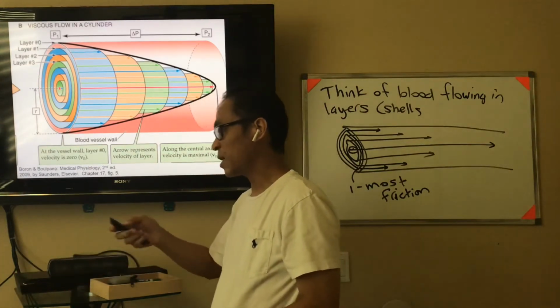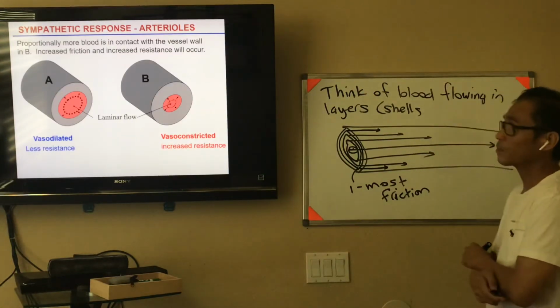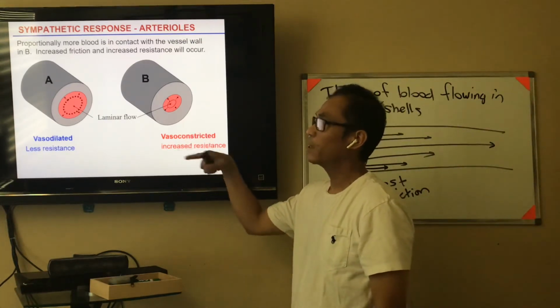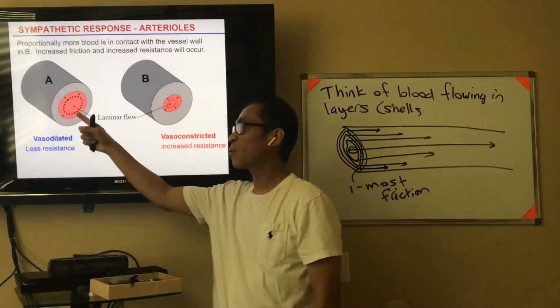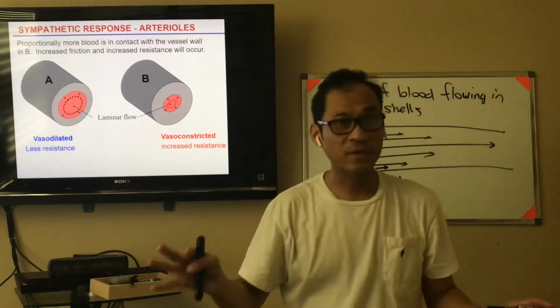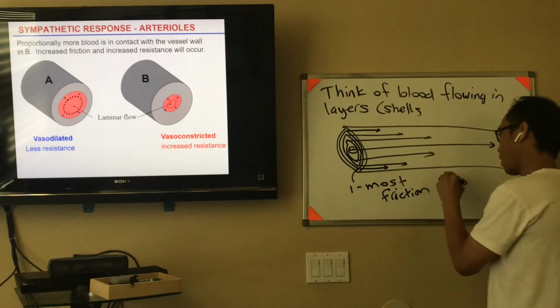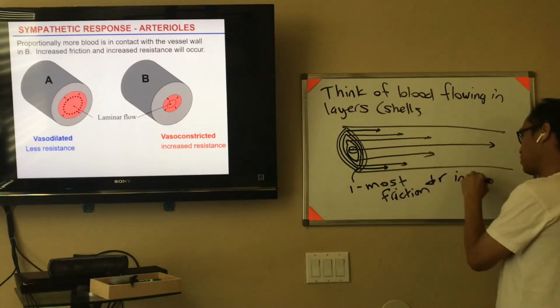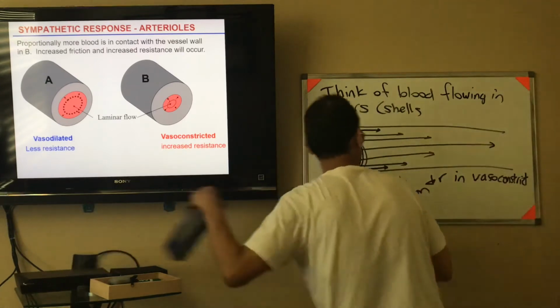So the vessel radius is key. That is why when you're vasoconstricted, you increase the resistance because you have proportionally more layers in contact with the vessel wall. When you vasodilate, you have more layers not in contact with the vessel wall for less resistance, okay? So little r, when you decrease little r in vasoconstriction, I'll just say VC.